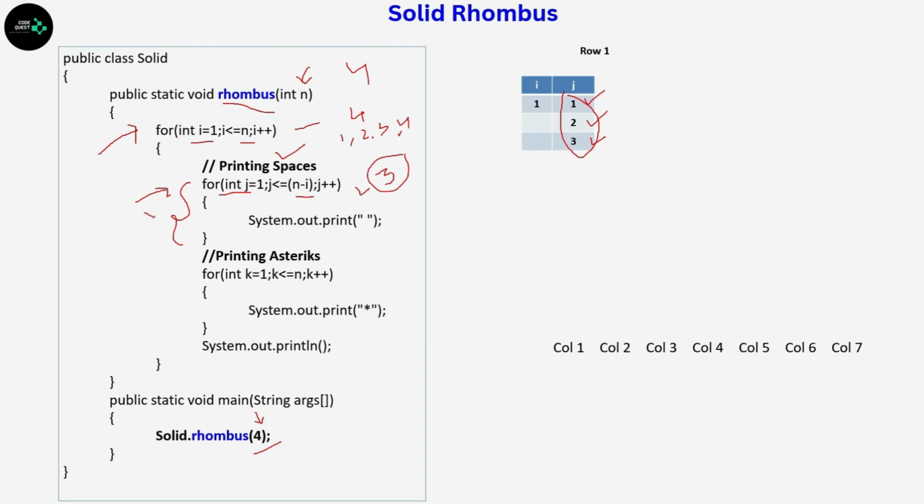Once this for loop ends, we jump into the second inner loop, which is always going to print 4 asterisks, because the n value we have supplied is 4 and k begins with 1 and goes up to 4. So every time this inner for loop executes, it is going to print 4 asterisks. You can see I value is 1 and k value is 1, 2, 3, 4.